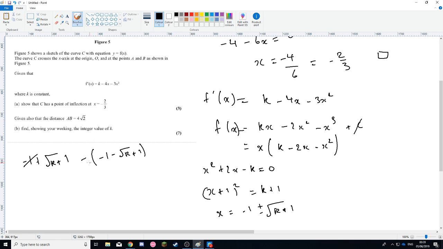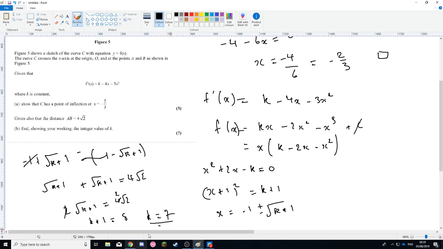Minus 1 minus minus 1 cancels out, so root k plus 1 plus root k plus 1 is equal to 4 root 2. So 2 root k plus 1 is equal to 4 root 2, so root k plus 1 is 2 root 2. Squaring both sides, k plus 1 is equal to 4 times 2, which is 8. So k is equal to 7.